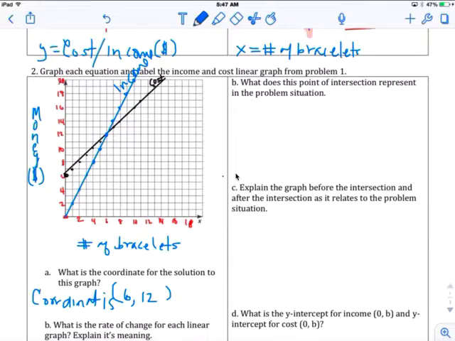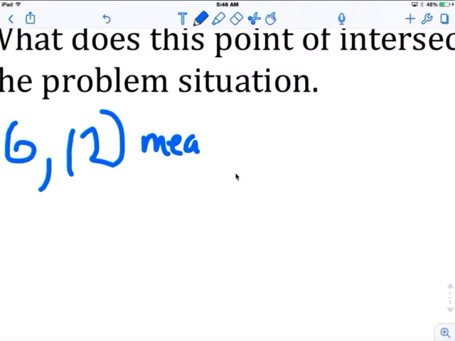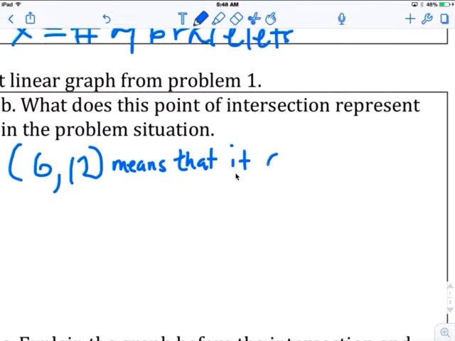What does this point of intersection represent in the problem situation? 6 and 12 means that it cost $12 to make 6 bracelets.